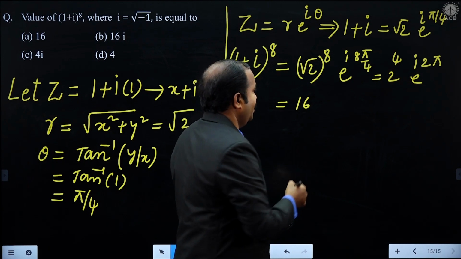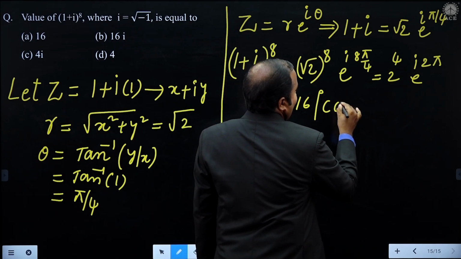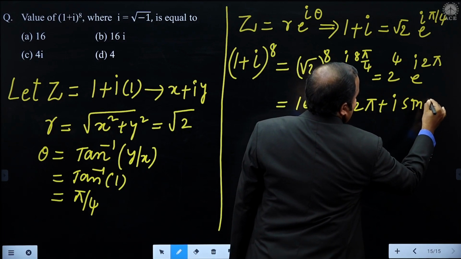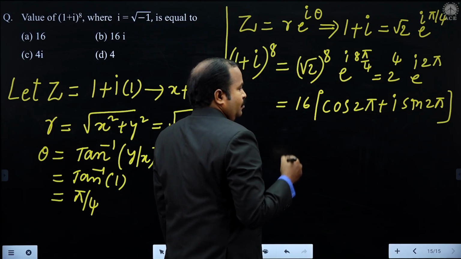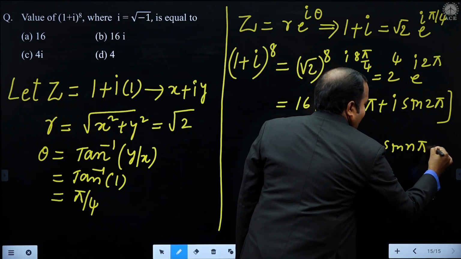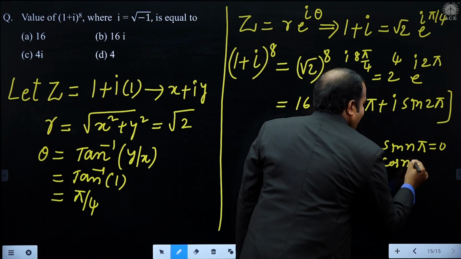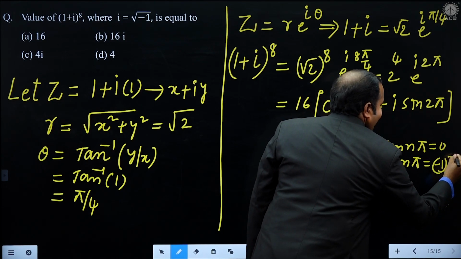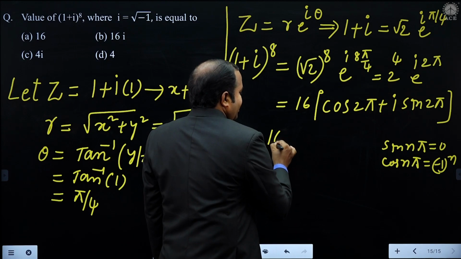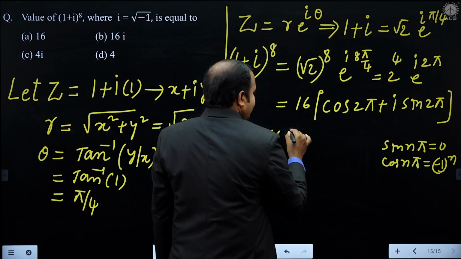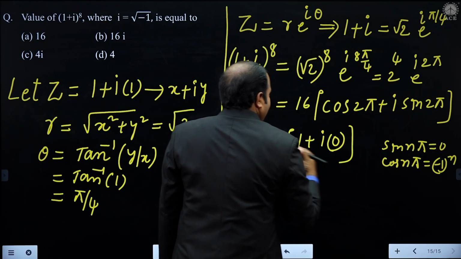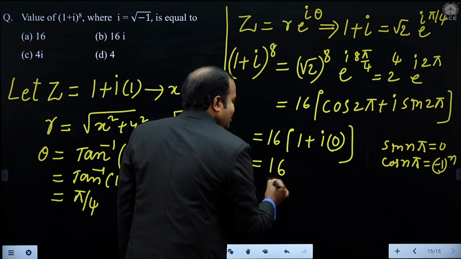We know the e raised to i theta expansion, that is cos of 2 pi plus i times sin 2 pi only. We know that sin n pi equal to 0 only, cos n pi equal to minus 1 whole power n only, right. Therefore, it is equal to 16 into cos 2 pi, which is 1, plus i times sin 2 pi, value 0 only.